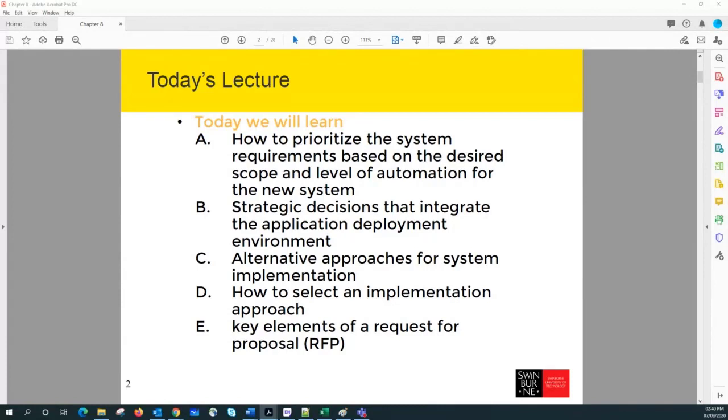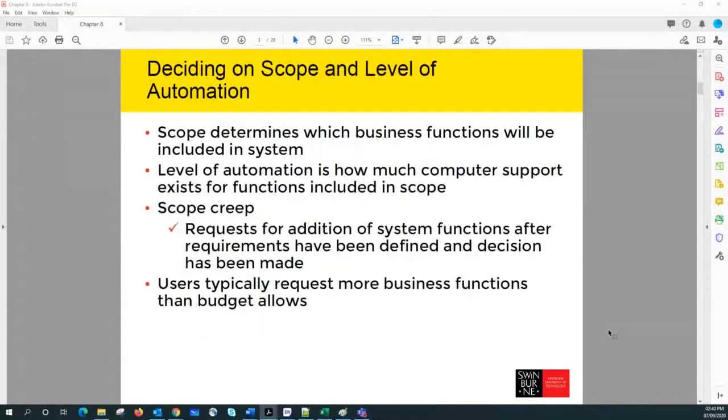And finally, once we have the list of alternatives, how are we going to provide it to management for review purposes? That's what we are going to focus on in today's lecture.